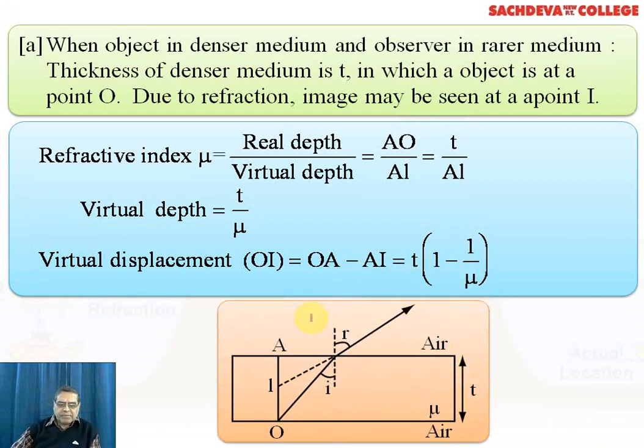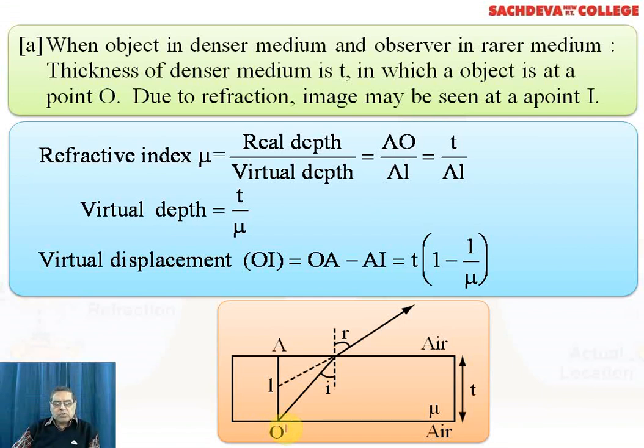Now it is shown in the figure that the depth, or the thickness, is AO of the glass slab. The object is at O, and a ray of light moves from O towards the surface, and from the surface it bends away from the normal.